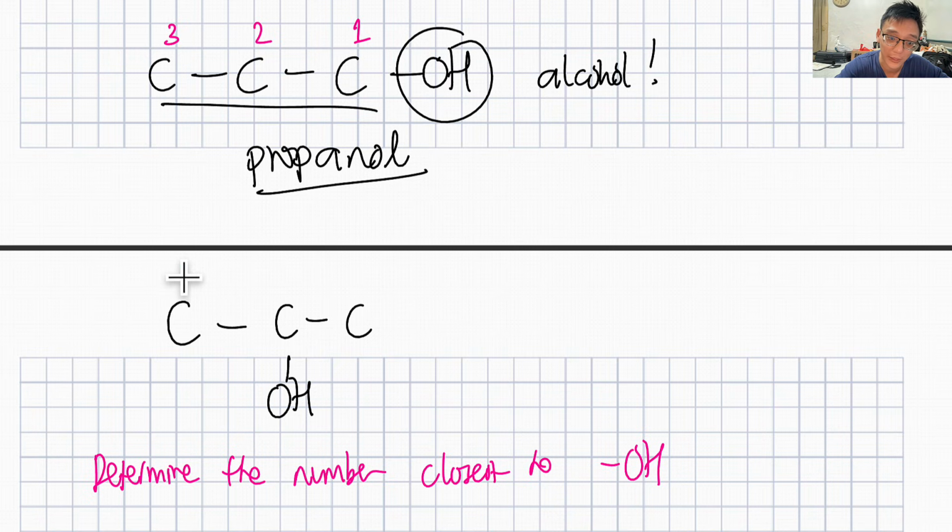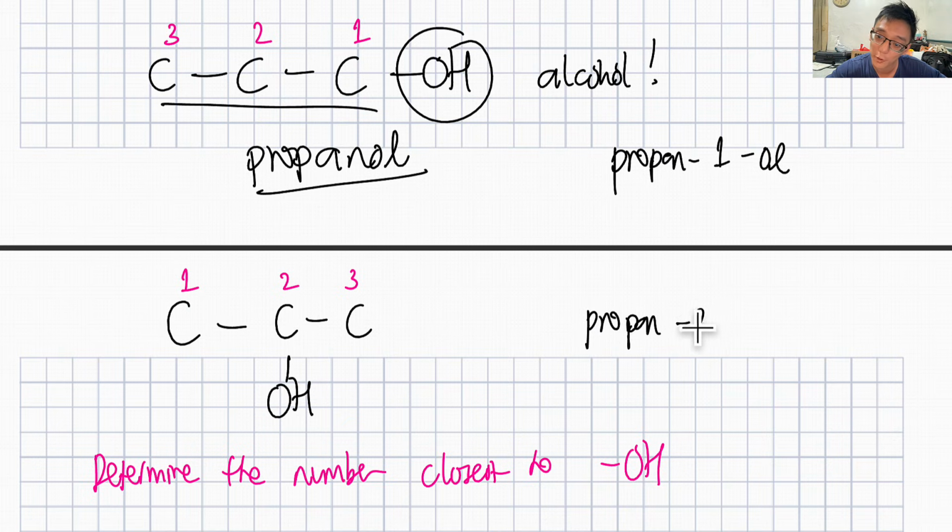On the second drawing, 1, 2, 3, whichever, it's actually the same. Whether you start from left to right or right to left, it's the same. So the name for the first alcohol is propan-1-ol, while the name for the second drawing is propan-2-ol. So these are the names for these organic compounds.